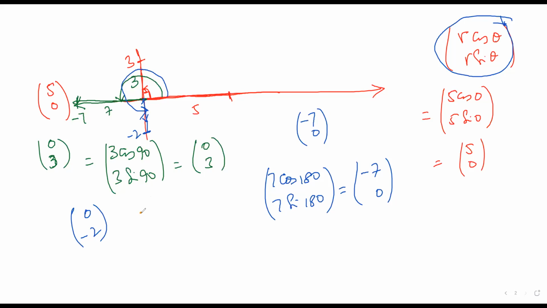The magnitude is always positive. This is 2 cos 270 and 2 sin 270. We know that cos 270 is 0 and sin 270 is minus 1. This is 0, minus 2. That is your vector, which had a magnitude 2 and is going in this direction towards the west here.